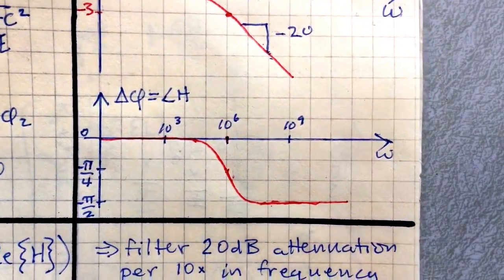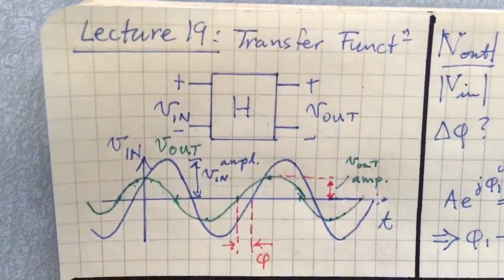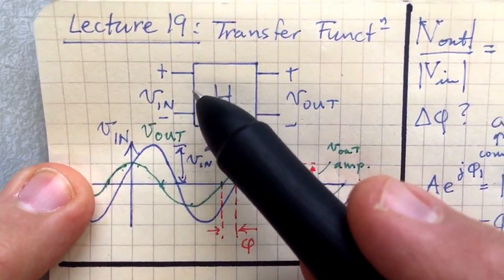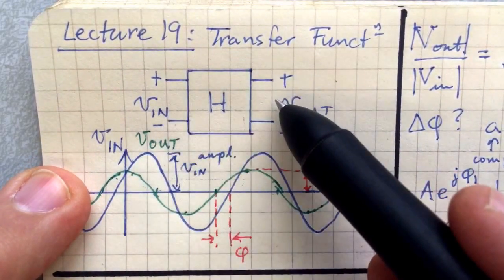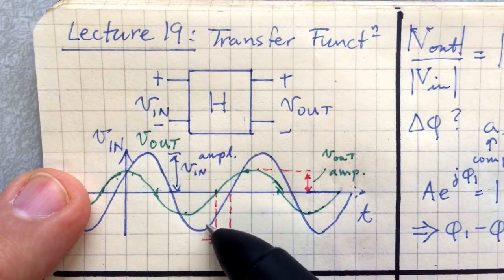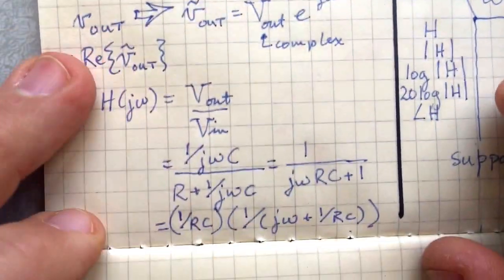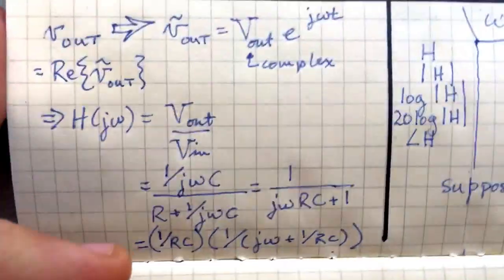All right, so that's the summary of first order Bode plots. Just to quickly go through what we did, we started with the idea that we have a circuit and an input and an output. We want to figure out what the ratios of the amplitudes are and what the difference of the phase is. We chose this particular RC network. We then calculated the transfer function.